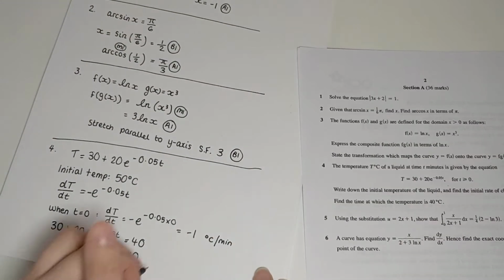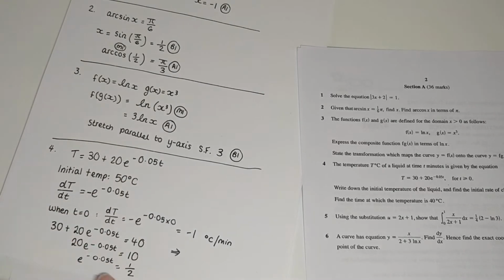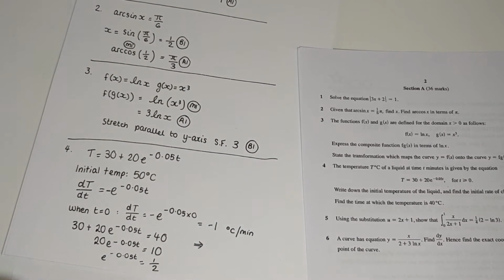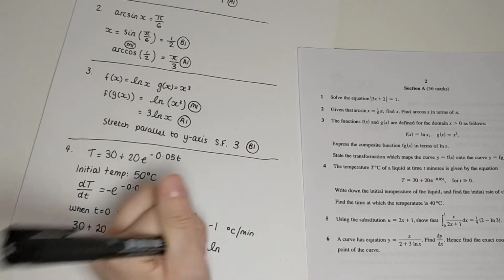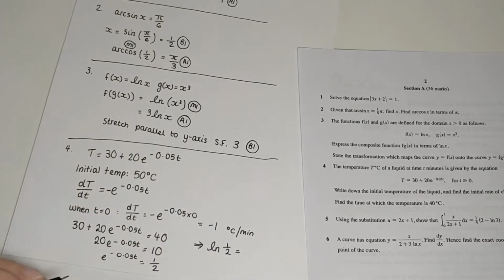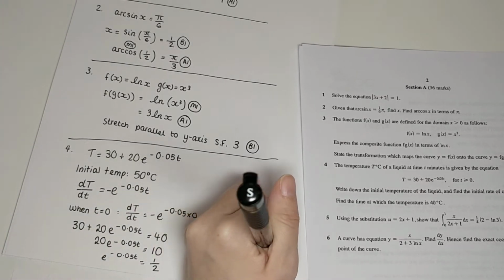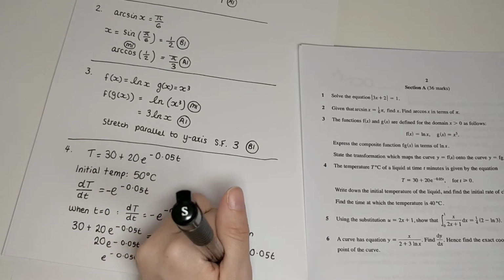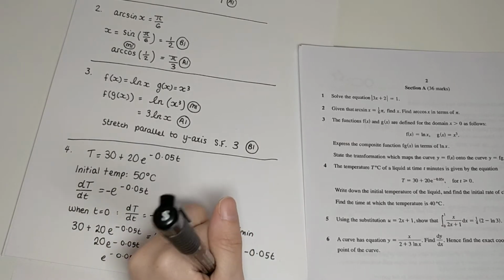Let me just scooch over here. I'm going to rearrange that to make it log to the base e of a half equals minus 0.05 t. So t is log of a half divided by that.